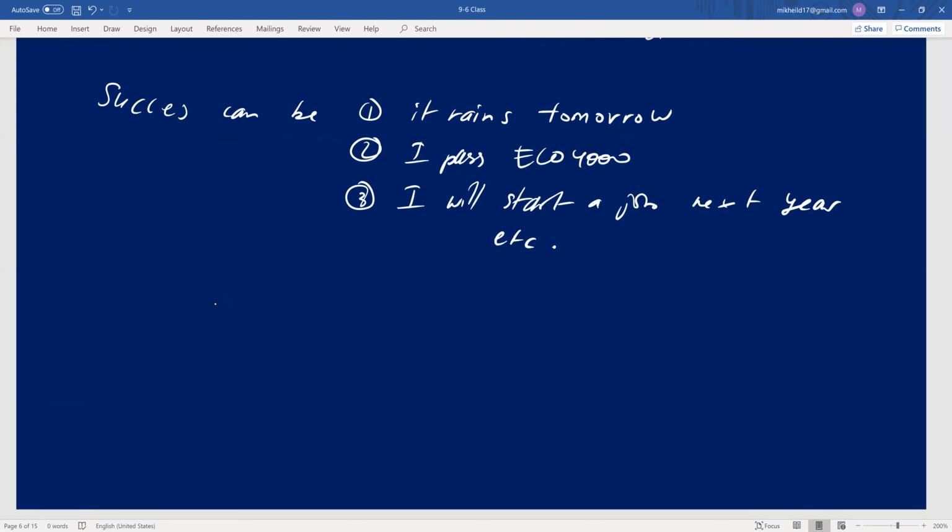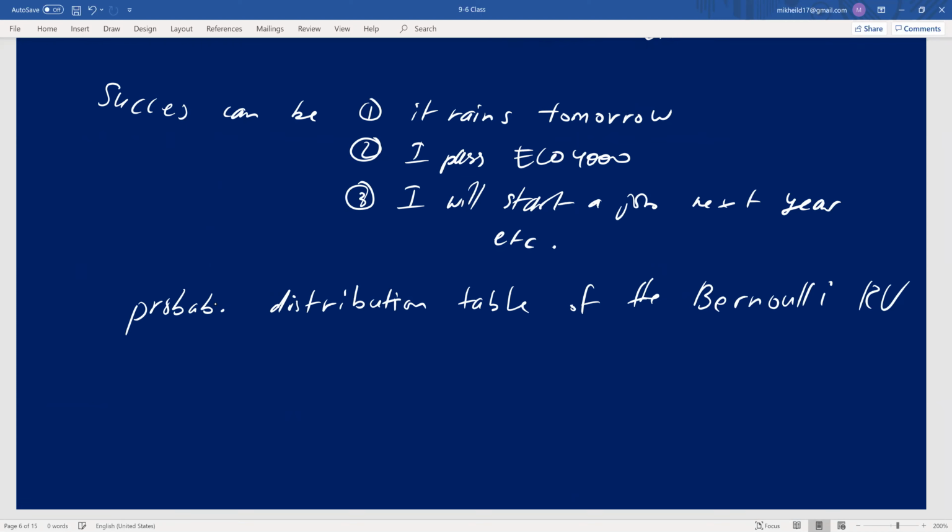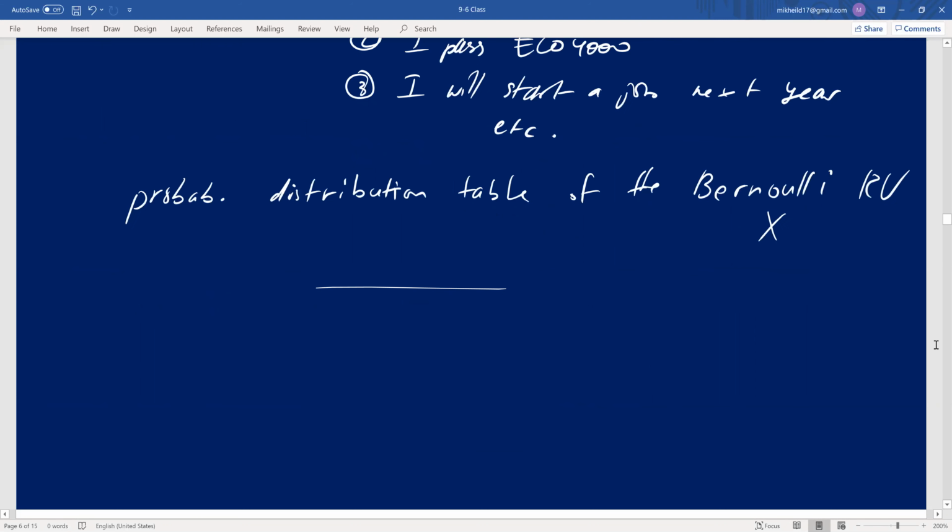So the probability distribution of the Bernoulli random variable is the following. Let's say Bernoulli random variable x, right?